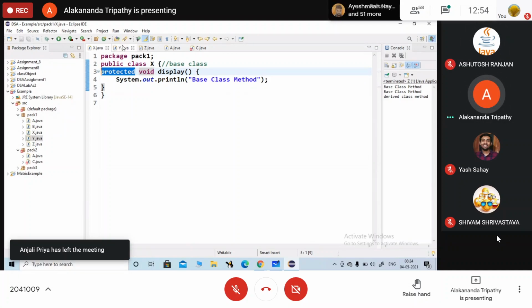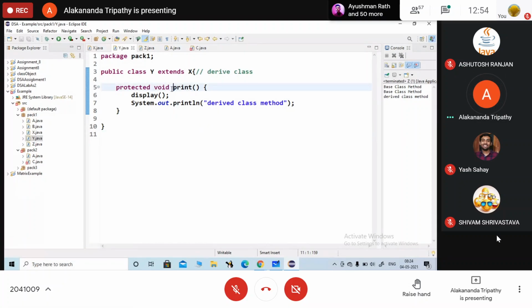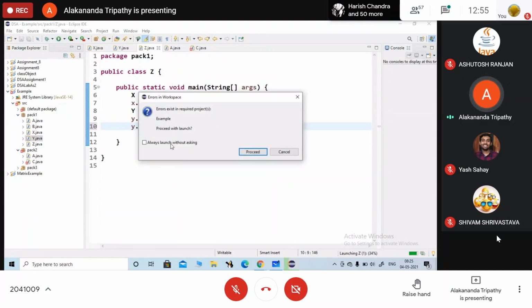Protected. Okay. It can be accessed by the methods of which class? A derived class method can access the base class method. Here you cannot access it using an object. Here you have to access it using an object.